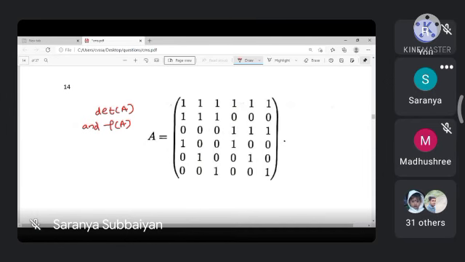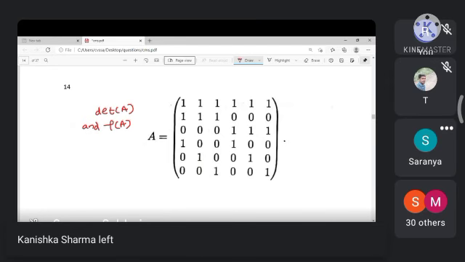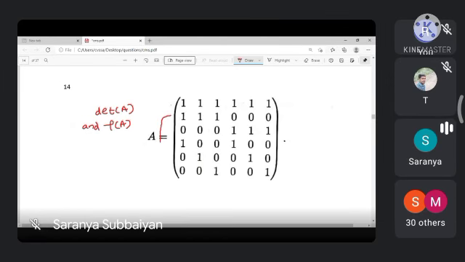Shall I explain? Okay. Now you know that the determinant is 0, right? So you can exchange the rows. What will happen if you exchange this one?